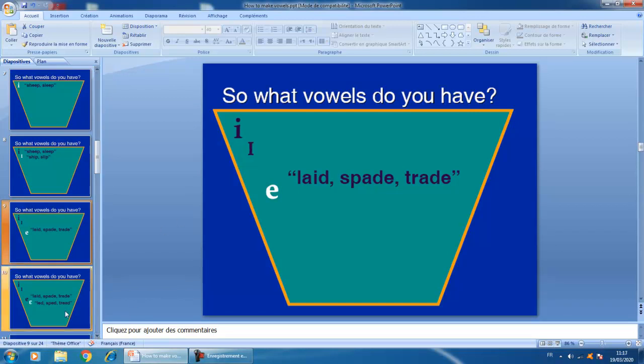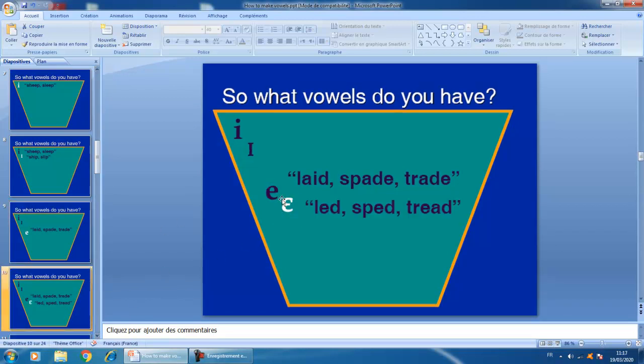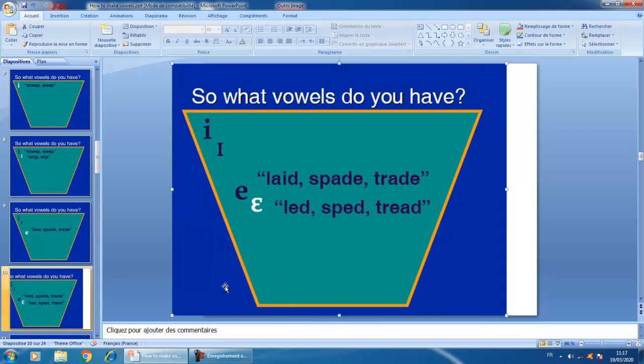This is another vowel which is pronounced as E, led, sped, tread. It's more or less the same as this one here. This one is laid, spade, trade, but this one is led, sped, tread. Both of them are mid vowels. But both of them are front because they are produced at this front part here. All vowels produced at this area are called front vowels. All vowels produced here at the back are called the back vowels.